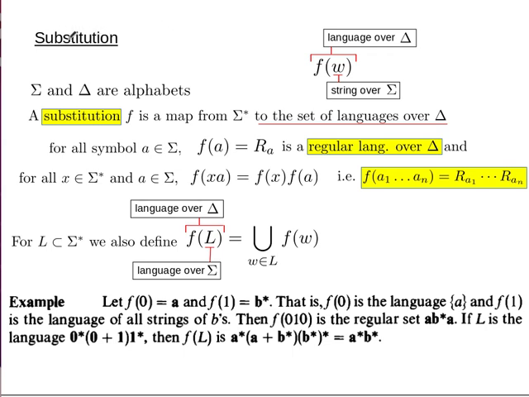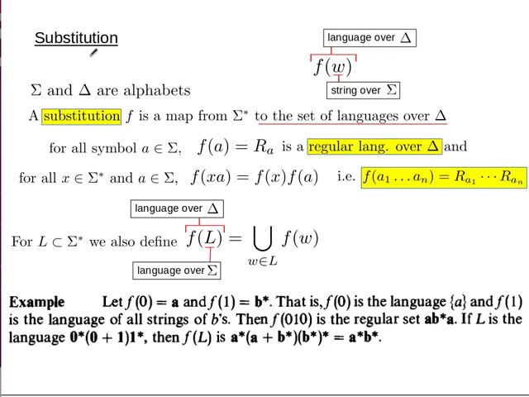So you have this substitution, a special case called homomorphism, and the inverse of that, inverse homomorphism. And for all these operations, we will show that regular languages are closed under these operations. So let's start with substitution.